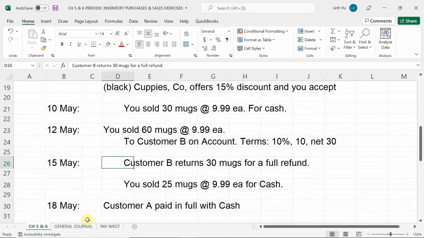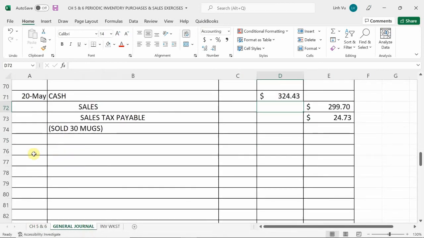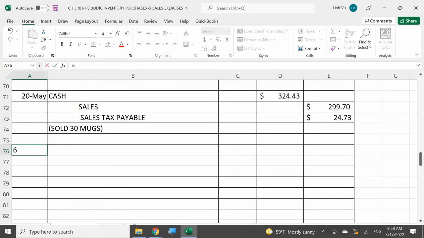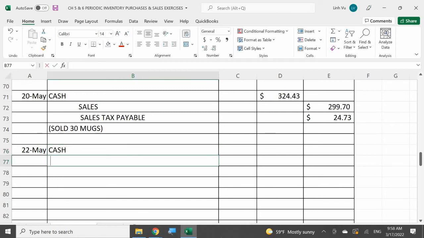So in this case, let's see. How much does customer B actually owe me? It's May 22nd, and how did customer B pay? He paid with cash. So let's determine what was the total amount of his accounts receivable.